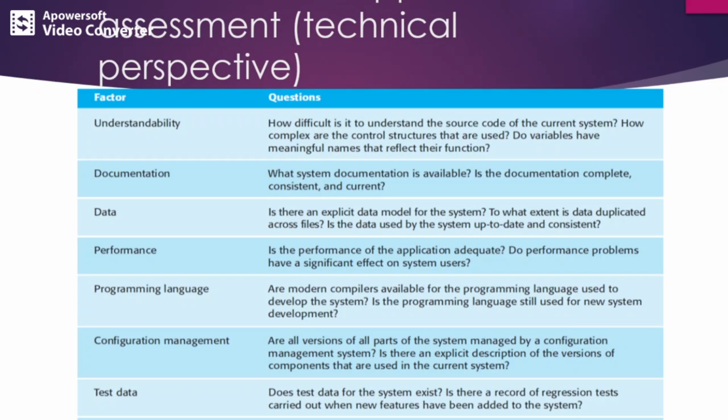So whether those modern compilers are available for the programming language in order to develop the system. Is the programming language still used for new system development? If your system is new and you want to use the same programming language, you need to see whether you want to retain the same programming language or not.